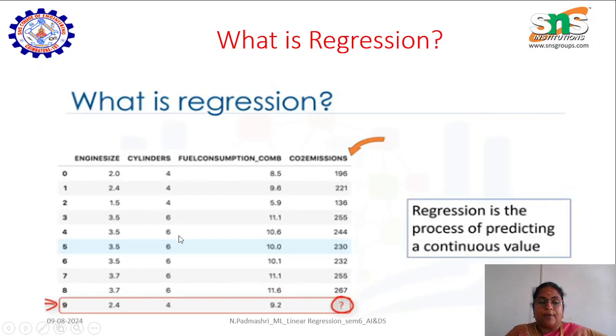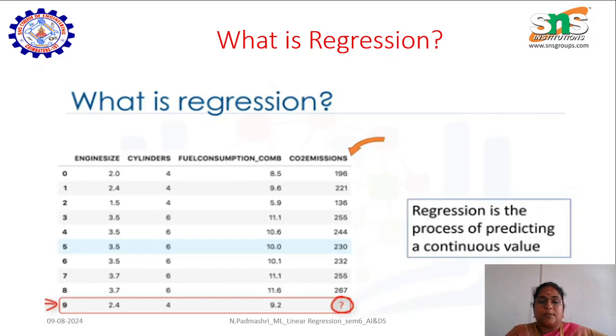There is a set of 8 cars for which the values of engine size, cylinders, fuel consumption, and CO2 emissions are given. In the last row, car number 9, we have given the details about the engine size 2.4, cylinders 4, fuel consumption 9.2, and we need to predict the value of CO2 emission.